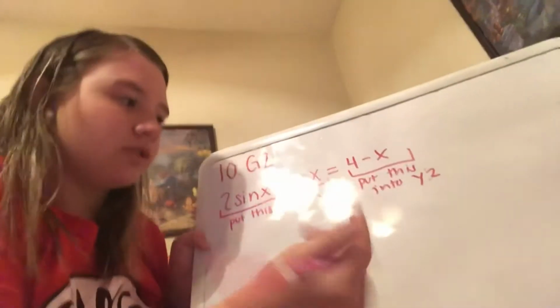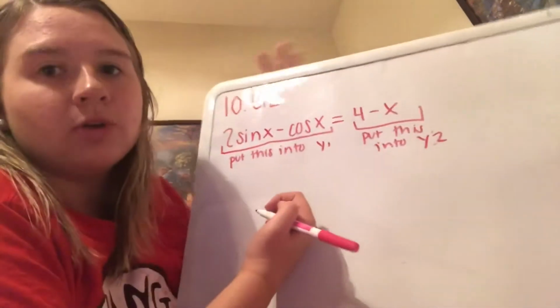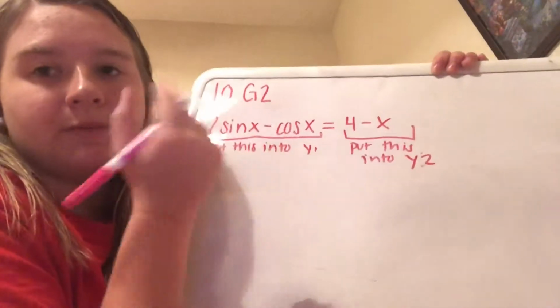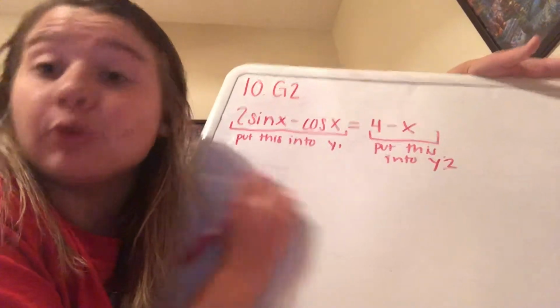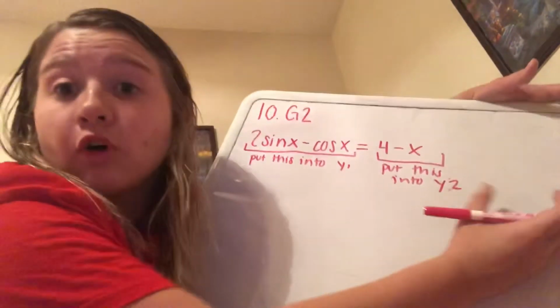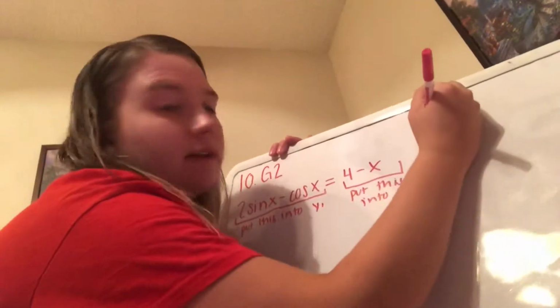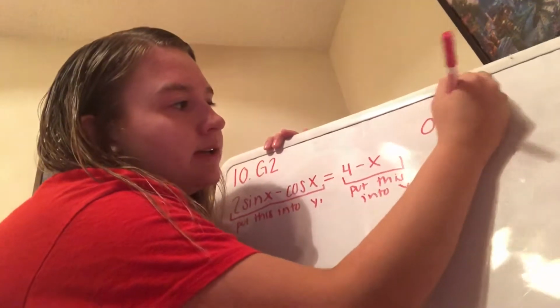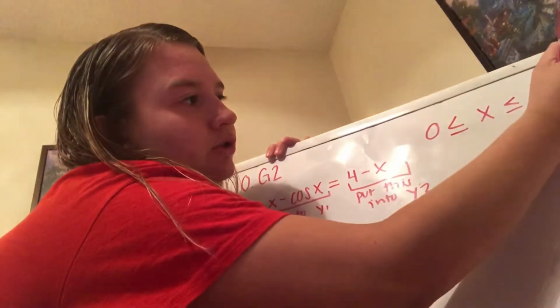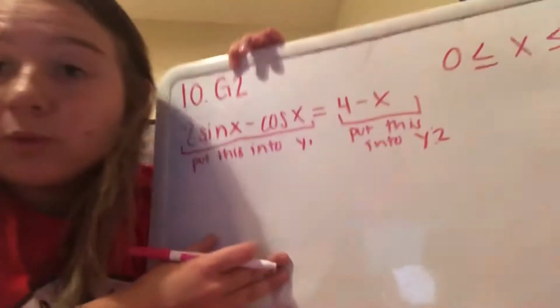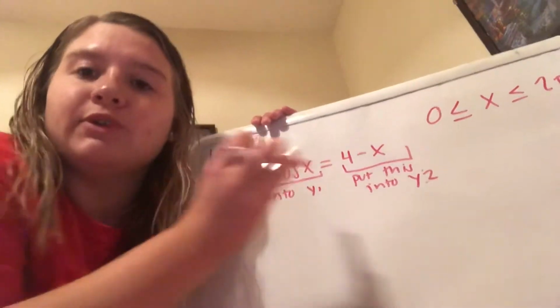Another pertinent part of this problem that I didn't write down is that it gave you an interval for how far it wants your x to go on the x-axis: 0 is less than or equal to x is less than or equal to 2 pi. So it only wants x values between 0 and 2 pi.